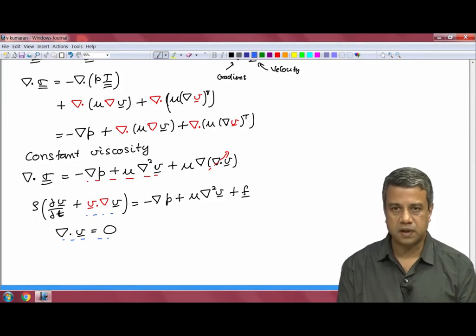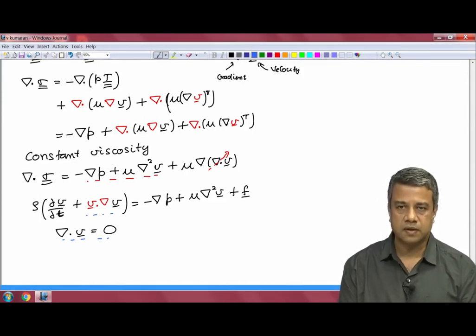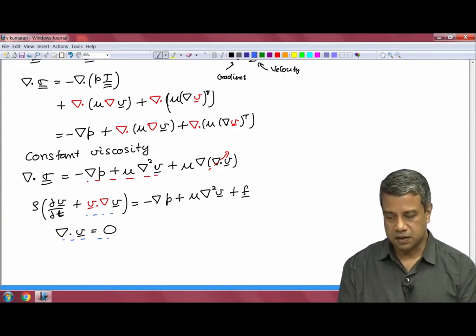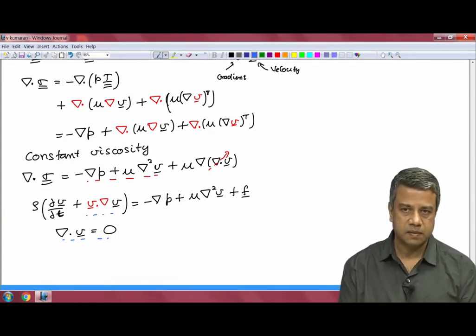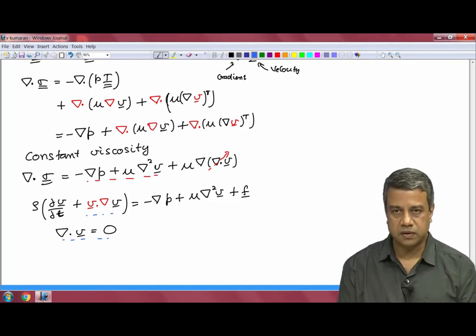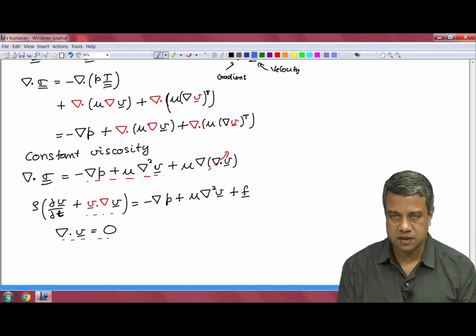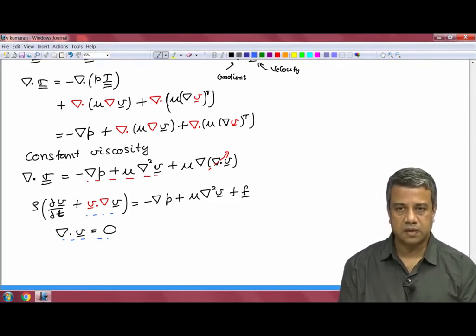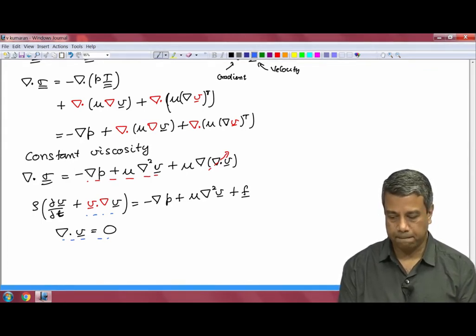And there are 4 unknowns, the 3 components of the velocity plus the pressure. Those 4 unknowns are determined from these 1 vector plus 1 scalar equation, or 4 scalar equations. These are the Navier-Stokes mass and momentum conservation equations.